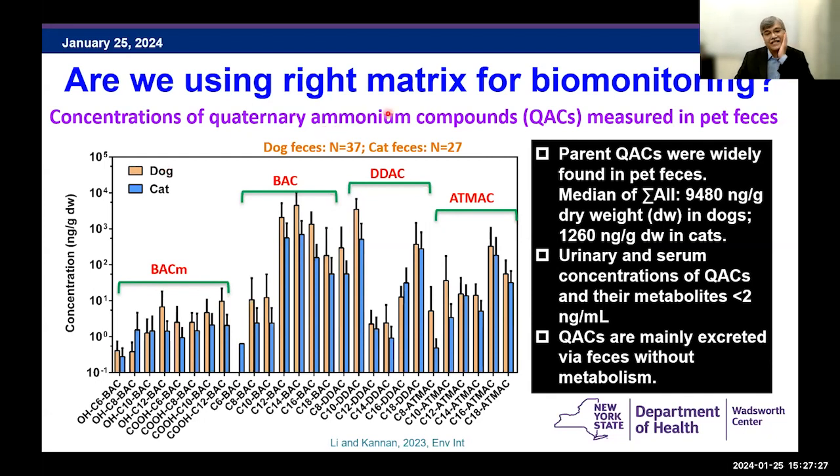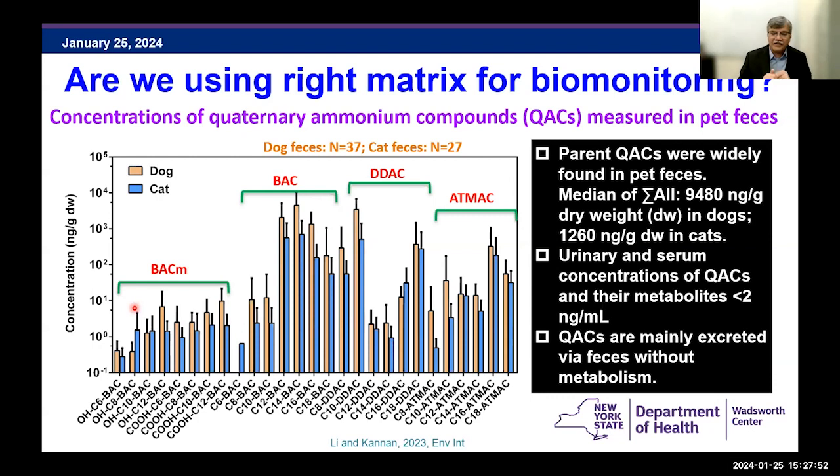So I want to give you an example with quaternary ammonium compounds. They are used as disinfectants in hand sanitizers, dishwash detergents, and many products. Recently we have done this study looking at quaternary ammonium compounds in urine. When you measure their metabolites in urine, concentrations are not so high. We were surprised. How is that possible?